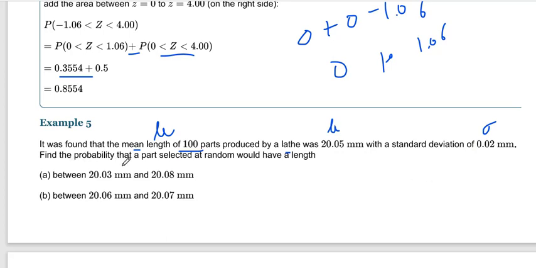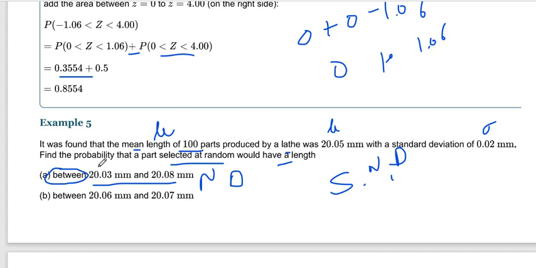Now find the probability that a part selected at random would have a length between these values. Here they have given between. We already know that this is an example of normal probability distribution. The z table and curve are for the standard normal distribution, so this is an example of normal distribution.